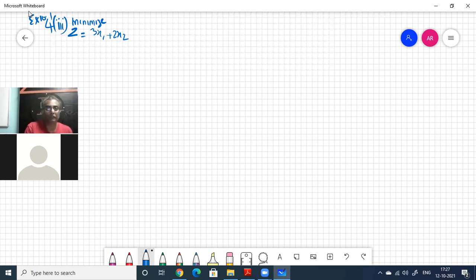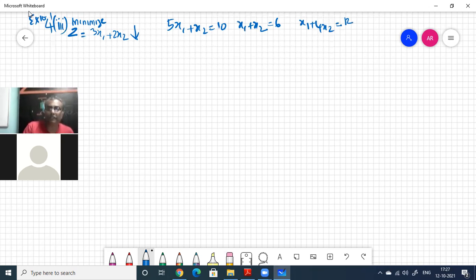That means you have to get the lowest value. What are the constraints given? 5x1 plus x2 greater than or equal to 10. Greater than, less than, all that you have to draw. Then x1 plus x2 is equal to 6. Then x1 plus 4x2 is equal to 12.